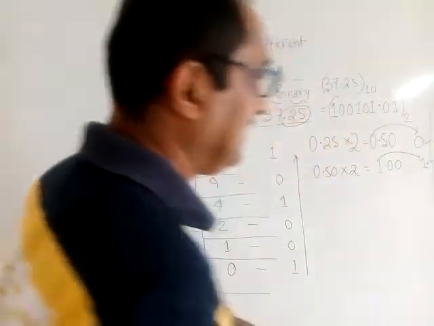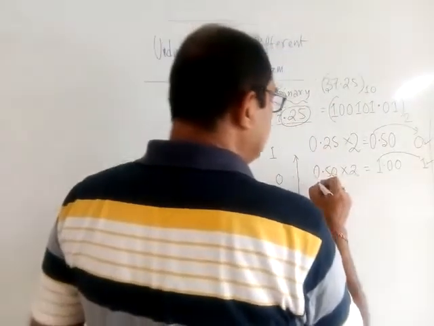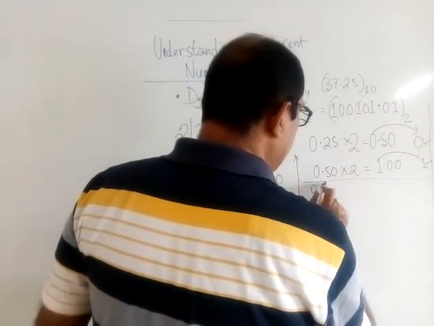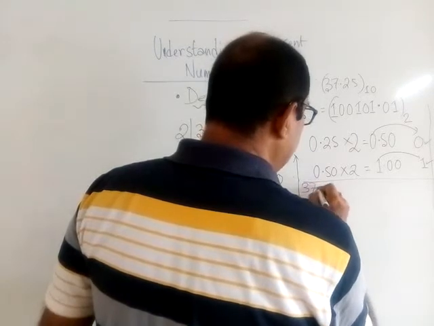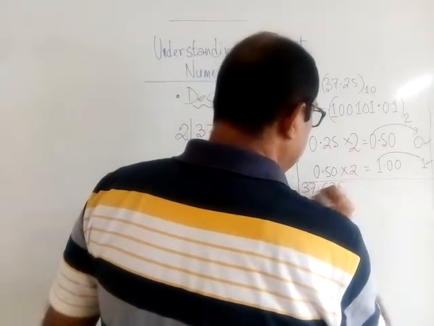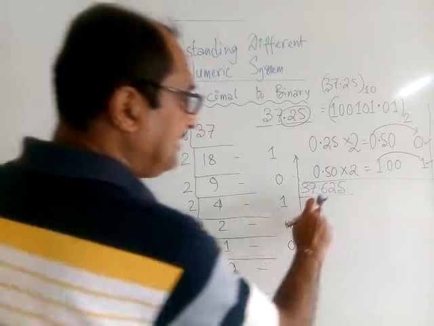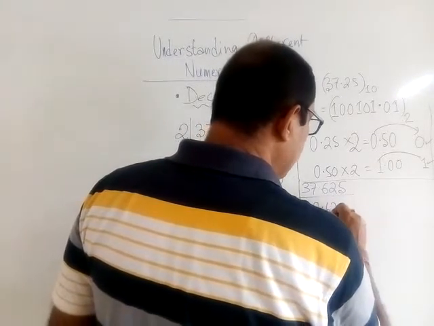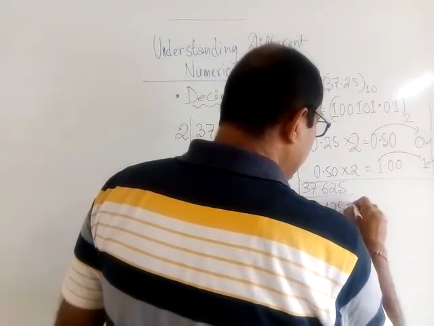Always it may not be the case. For example, instead of 25, say for example we had 37.625. Then what would we have done? Then my decimal part is 0.625. This is to be multiplied by 2.